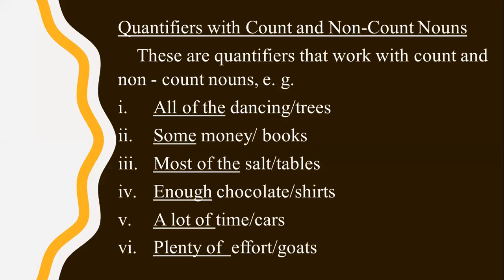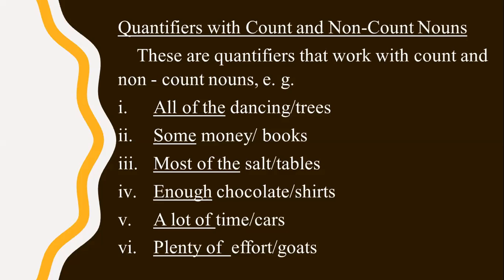Quantifiers with count and non-count nouns. These are quantifiers that work with count and non-count nouns. That is, these quantifiers can be used with countable and non-countable nouns. All of the dancing, or you say all of the trees. Some money, or you say some books. Most of the salt, or most of the tables.